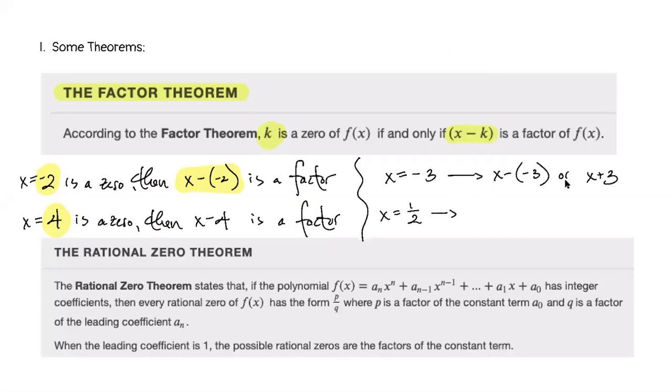Yeah, we can just keep it x plus 3, Richard, that's fine. Yeah, so if x equals 1/2 is a 0, then x minus 1/2 is a factor, okay? But what happens if I take this whole factor and I multiply by 2? What do I get when I multiply that by 2?